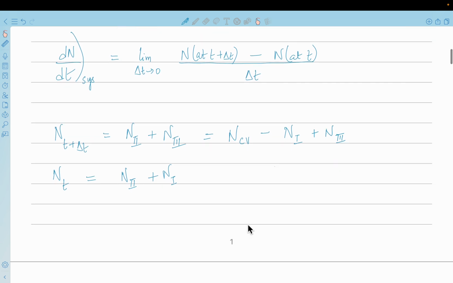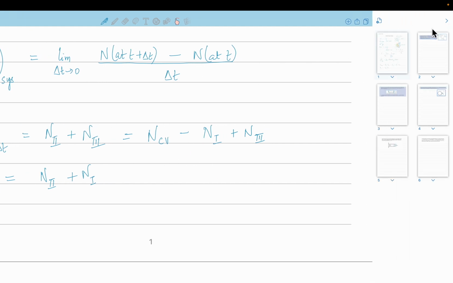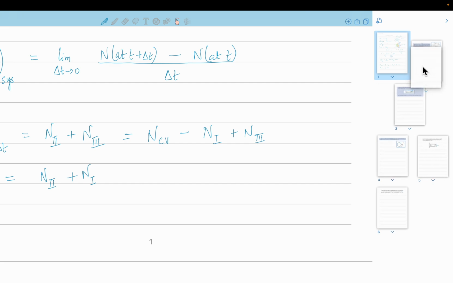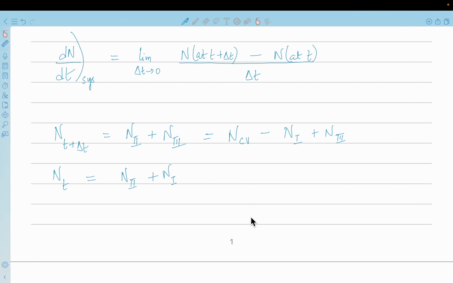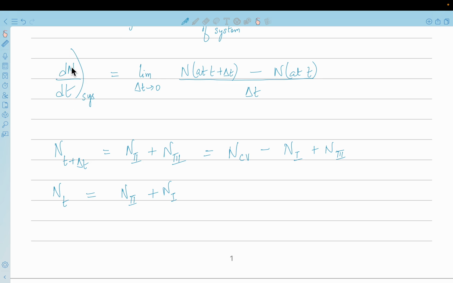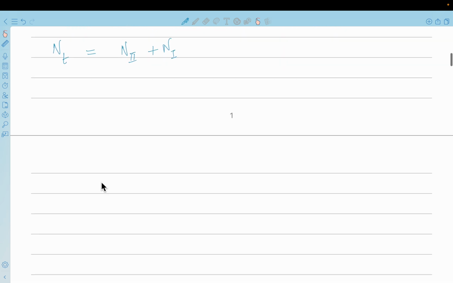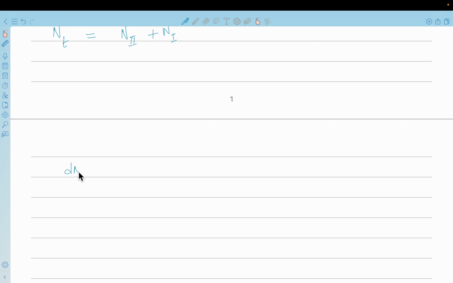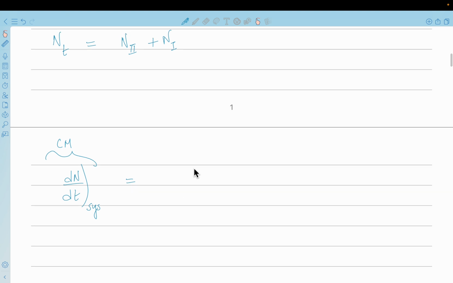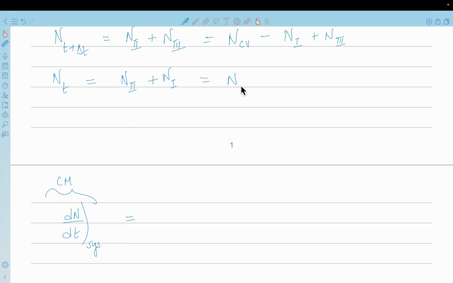Okay, so then what we do is we put these back into the equation. Let me again add a page here. Now we just put this back into our equation of dN by dt, and we can arrive at this equation, dN by dt of the system, which is our control mass perspective. This is equal to, so again this is what? This is NCV, remember N2 is NCV, plus N1.